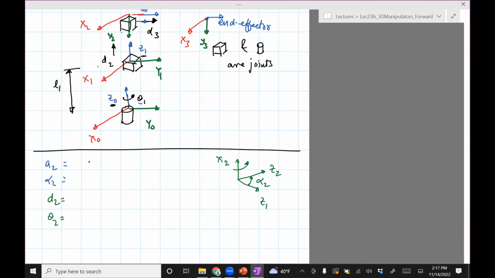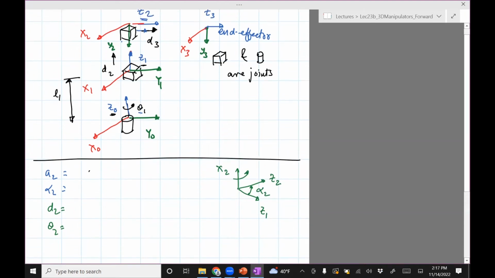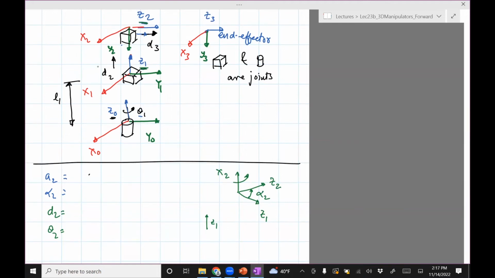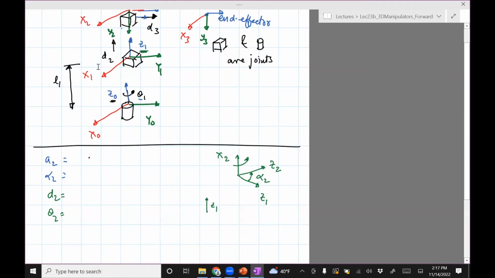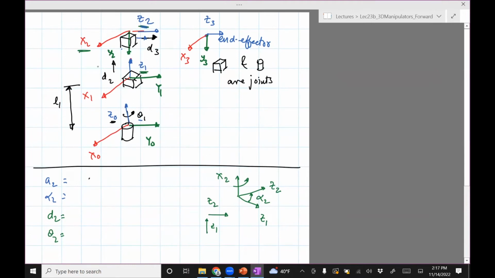Based on this, let's redraw axes Z1 and Z2 from this figure. Z1 is pointing upwards. Z2 is pointing to the right. And X2 is coming out of the plane of the paper, so it's this way.